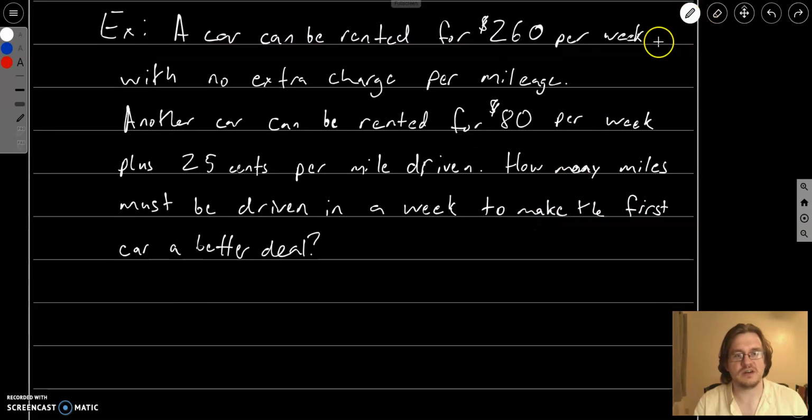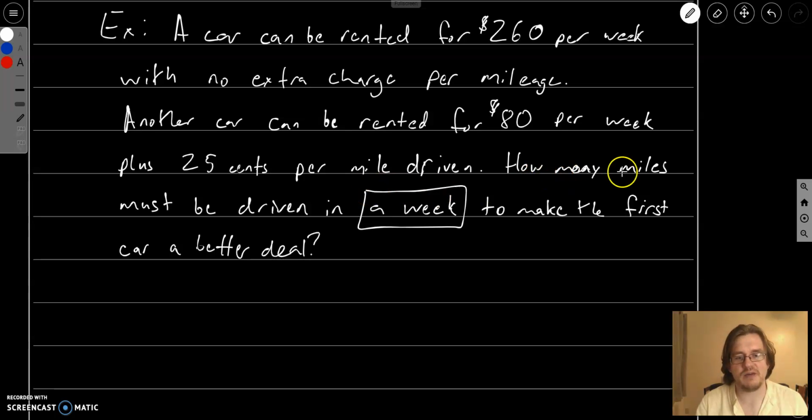So the first thing I'll write down is the first car can be rented for $260 per week. It might be tempting to write down 260 times how many weeks you're driving, but we're going to notice how many miles must a car be driven in a week.